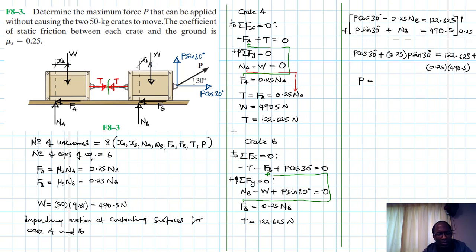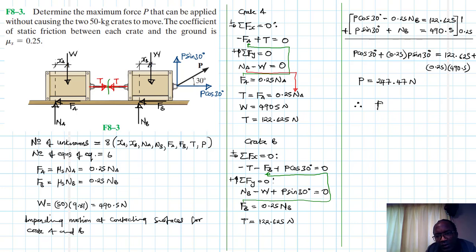Okay, so this gives me 247.47 newtons. Let me just repeat it. So 122.625 plus 0.25 times 490.5 divided by cos 30 plus 0.25 times sine 30. So 247.47. Okay.